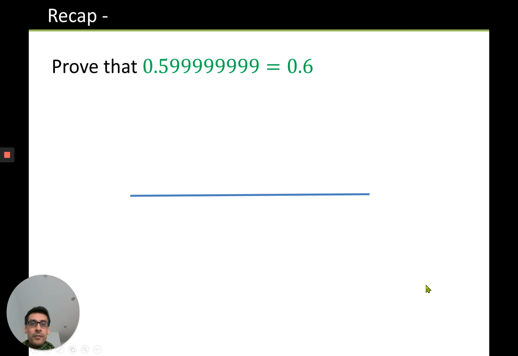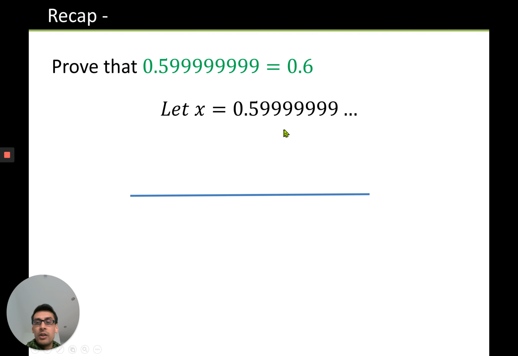Okay, another thing you need to remember is how you can convert recurring decimals into fractions or even decimals, non-recurring decimals. And the idea that, for example, 0.599 recurring is equal to 0.6. So I'll do the first example for you. So if you let x equal 0.599 recurring, then you need to move the decimal so everything after the decimal matches, because then you can eliminate it by subtraction.